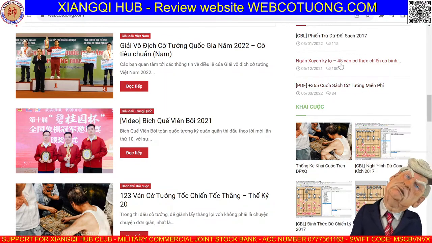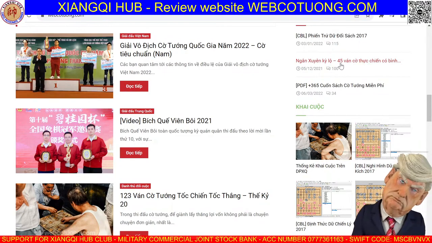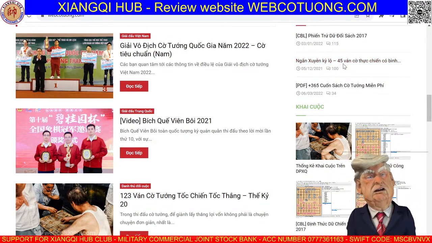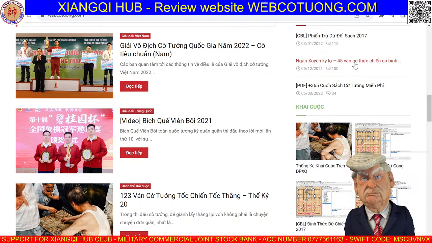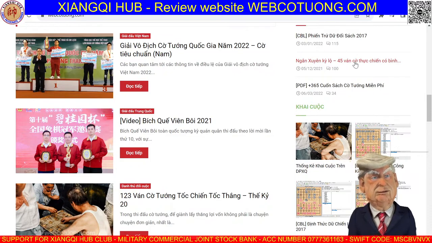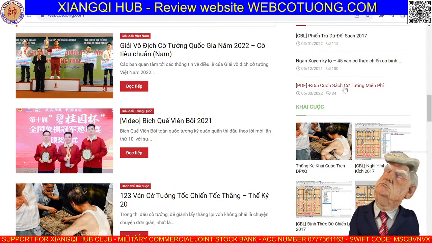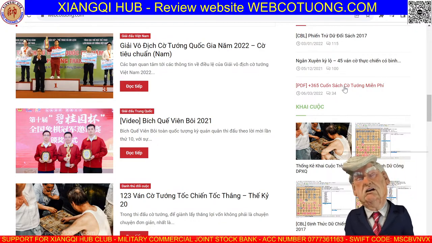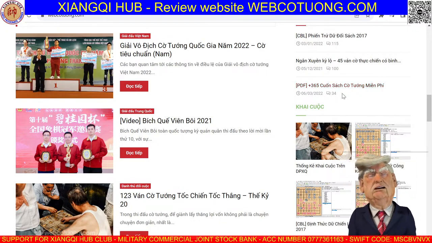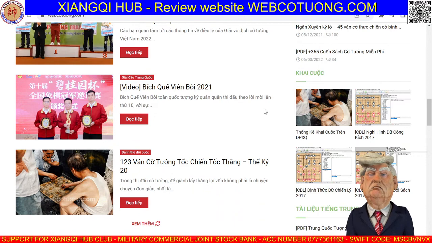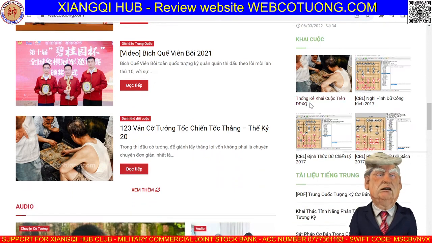This is the book of a very famous player in China, which has 45 matches in that book. And they have 365 free XIANGQI books in here. We will find out what it is.